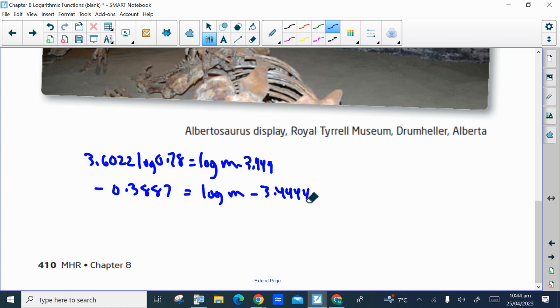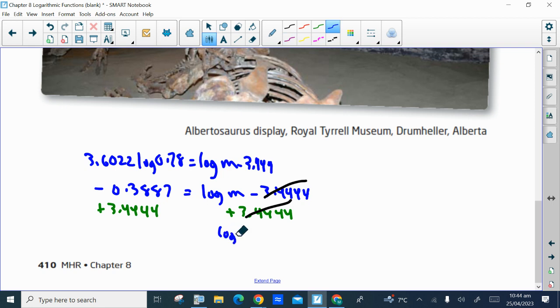We need to solve for M. That'll give us the body mass of that dinosaur, which our next step would be to add the 3.4444 to both sides. So I'll get rid of those on the right side.